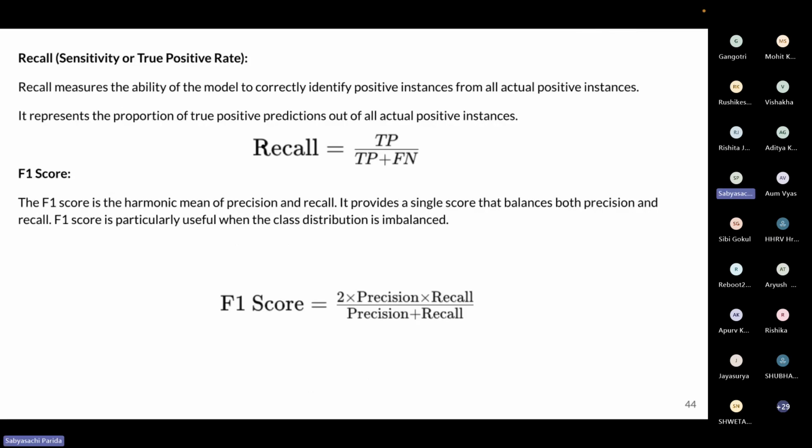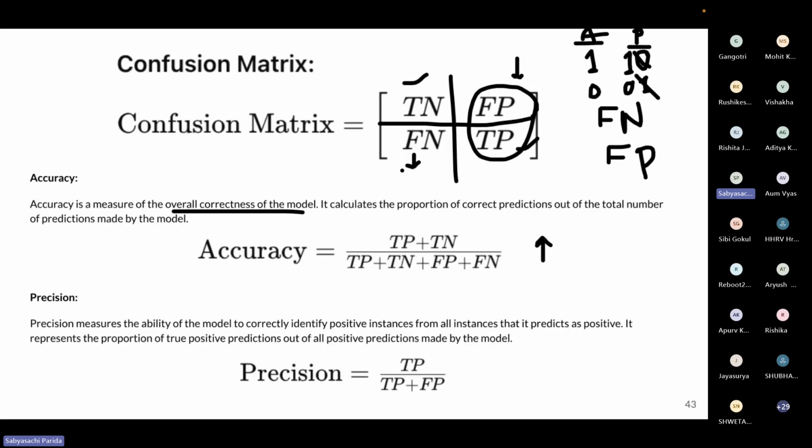Okay. The other thing is the recall. So recall is the true positive plus false negative, this and this. Suppose this is 1, this is 0, this is 1, this is 0. Okay. These are the actuals and these are the predicted.